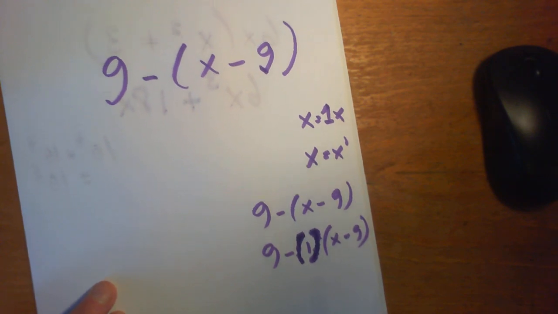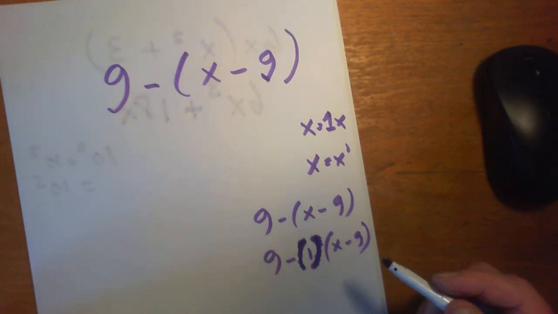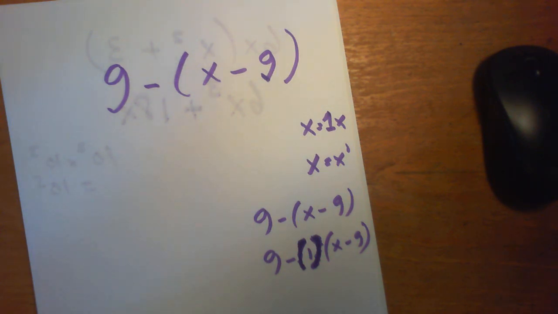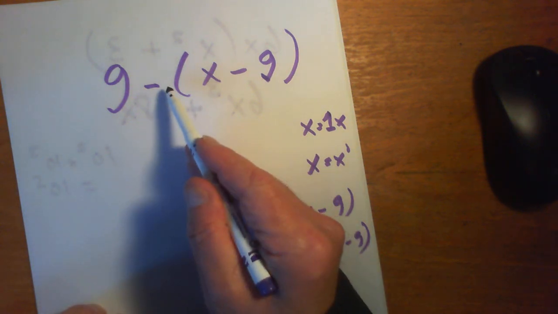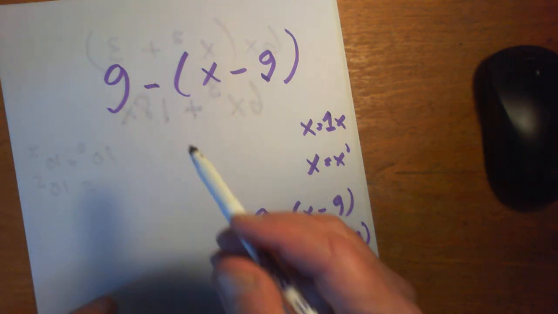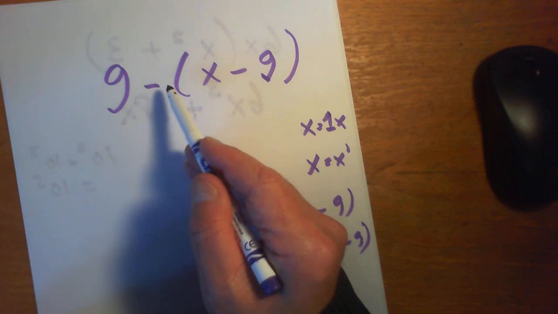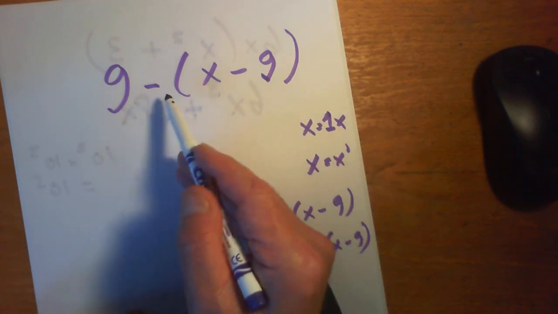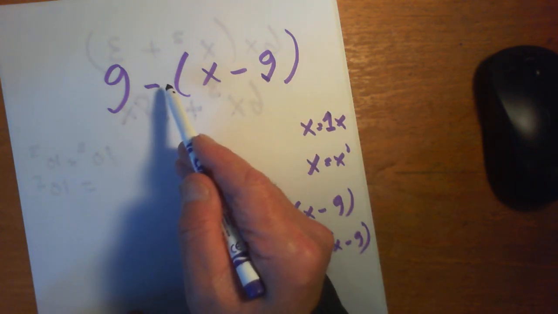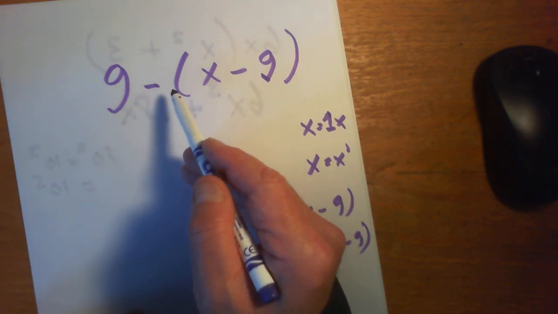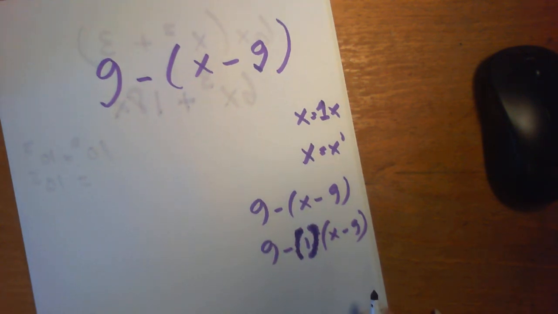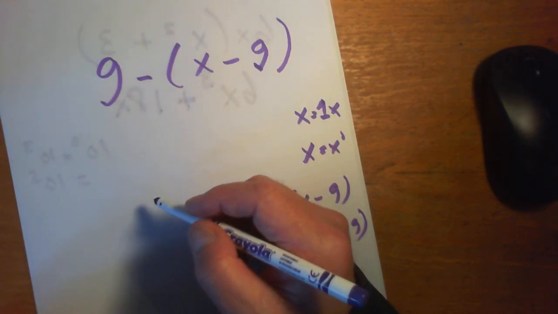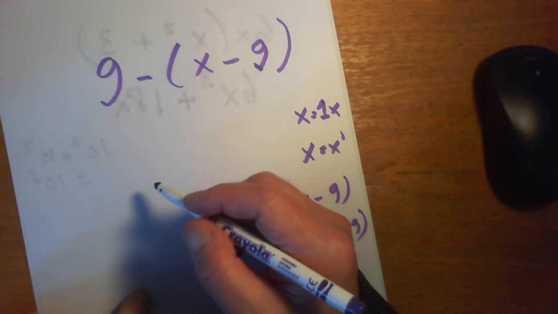There is a special rule when dealing with this, which I state in the hope that I don't confuse you. When there is really a 1 there, which expresses itself as nothing at all in front of the bracket, you can get rid of the brackets and reverse the signs of everything inside.